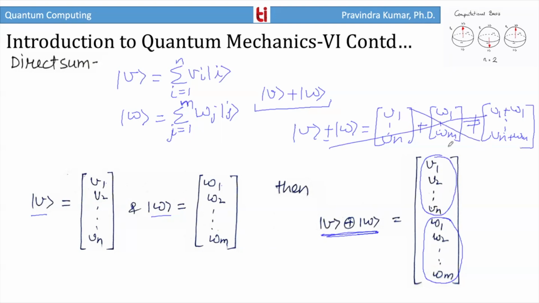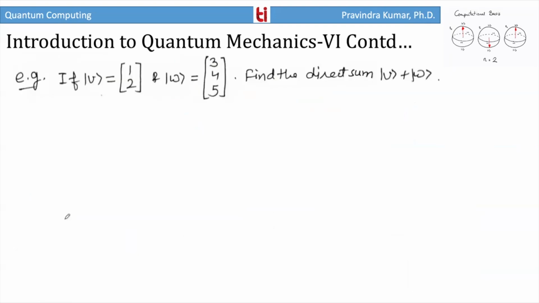In a direct sum, we basically write first the elements of quantum state v, then we write the elements of quantum state w. For example, if we have quantum state v as the column vector 1, 2 and quantum state w with elements 3, 4 and 5, find the direct sum.